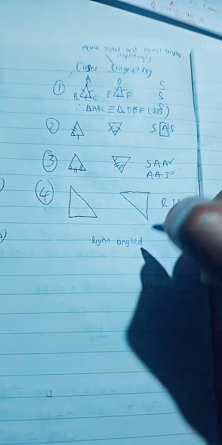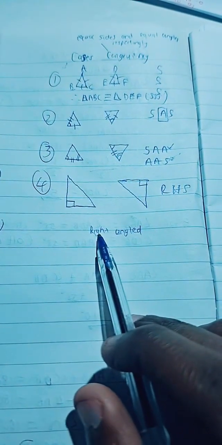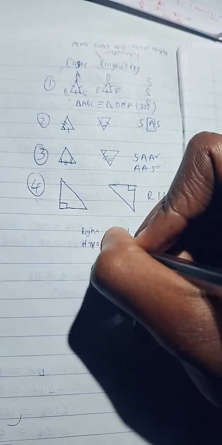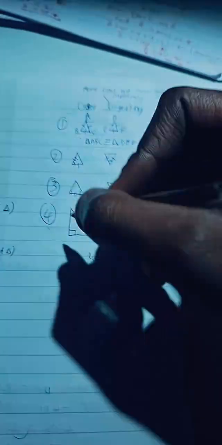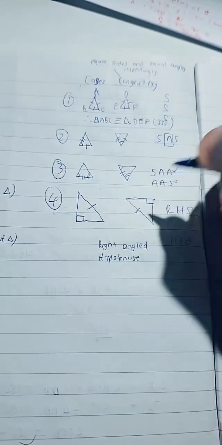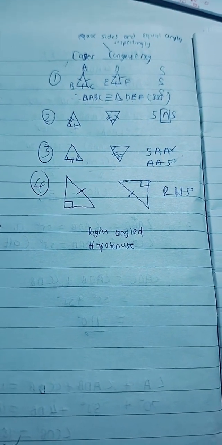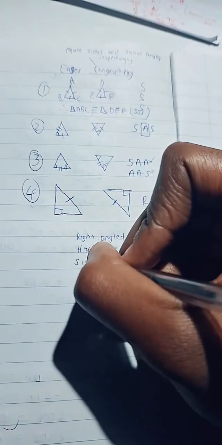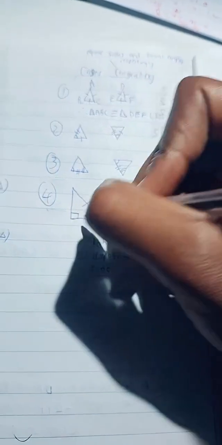Now, a right angle, guys, means an angle of 90 degrees. So if I can identify that right angle, then H means hypotenuse. It has to be the hypotenuse, guys. It has to be this guy, Mr. Hypotenuse. Are we together? It has to be the hypotenuse side. And then the S means just another side, whatever other side it is.